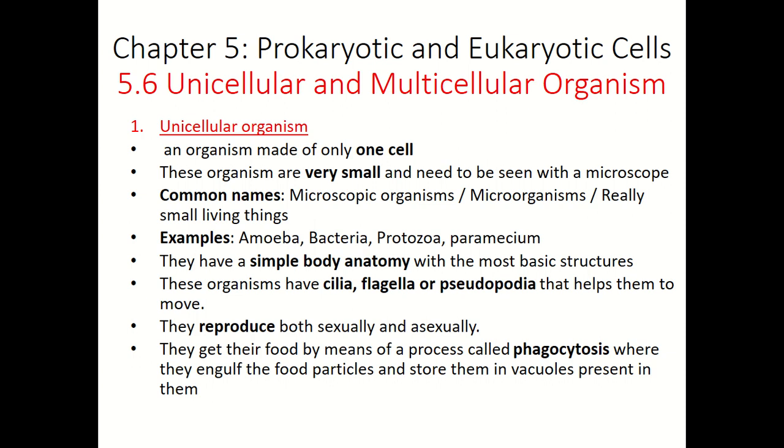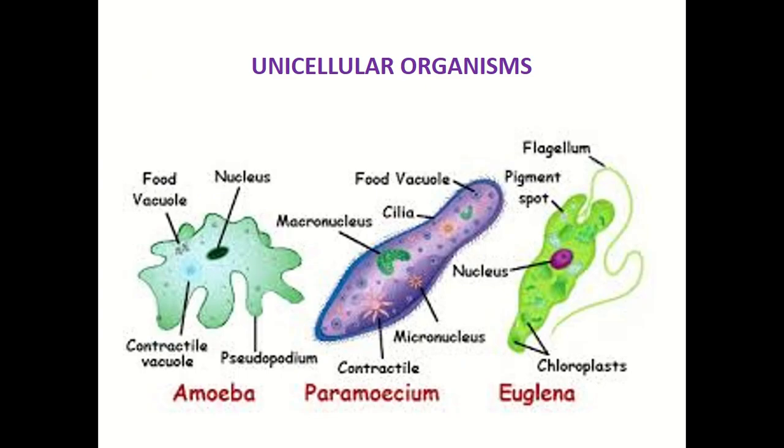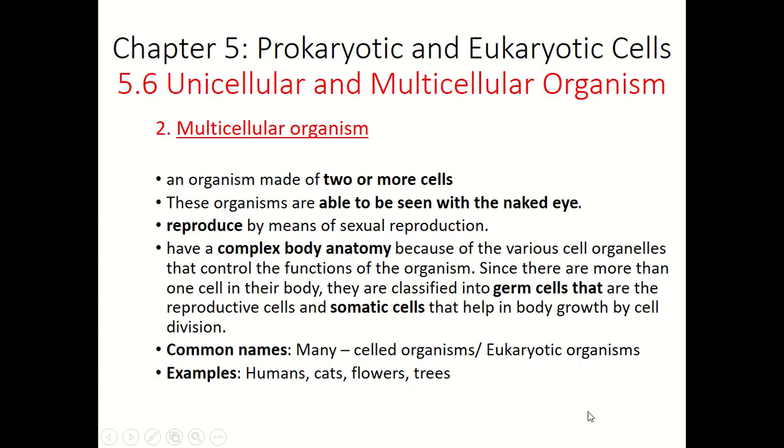They reproduce both sexually and asexually, and they get their food by the process of phagocytosis using their pseudopodia, where the pseudopodia of the microorganism will engulf the food particle and store it in the vacuole present in the body. As you can see over here, they contain a contractile vacuole and pseudopodia in amoeba, paramecium, and also in euglena.